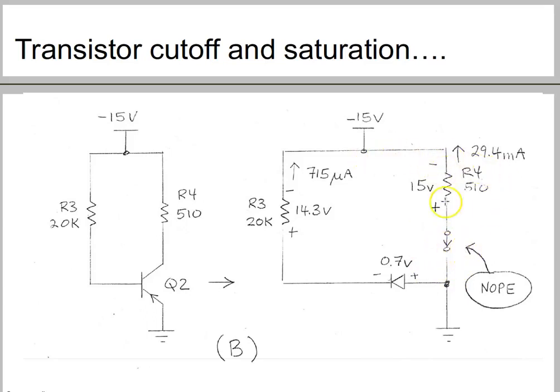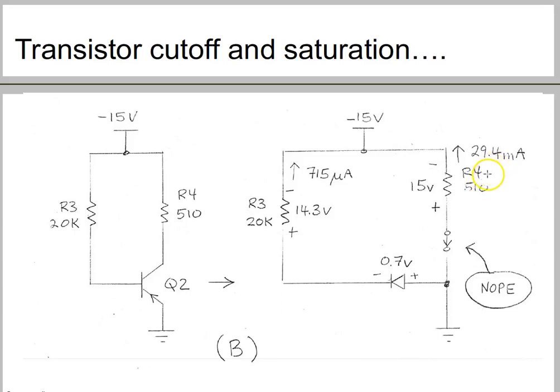The voltage across R4 is going to be 15 volts, and by applying the KVL, we get the current here as 29.4 milliamps. Because we know the voltages, we can find the current. So the current across R4 is 29.4 milliamps.